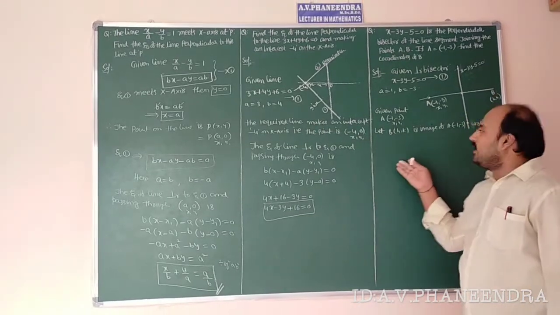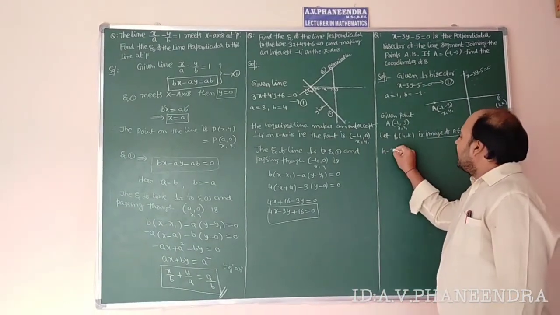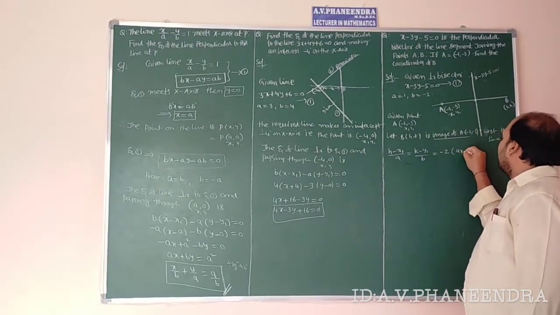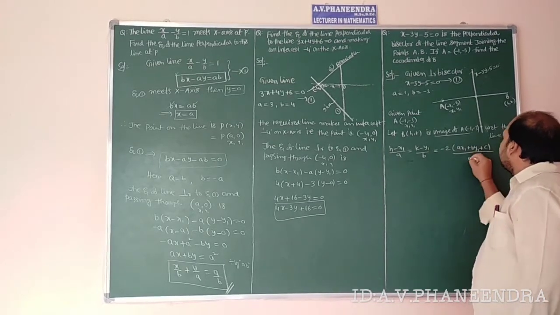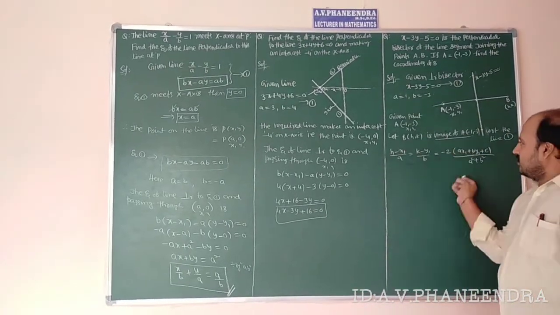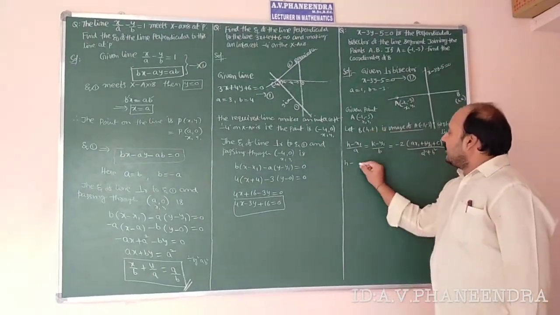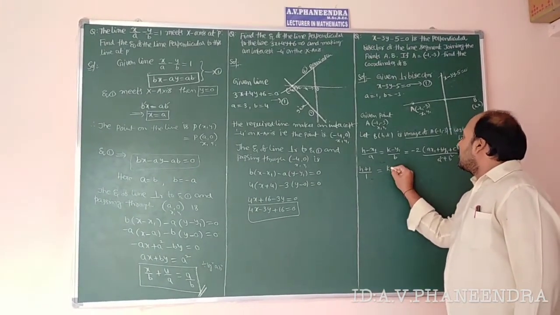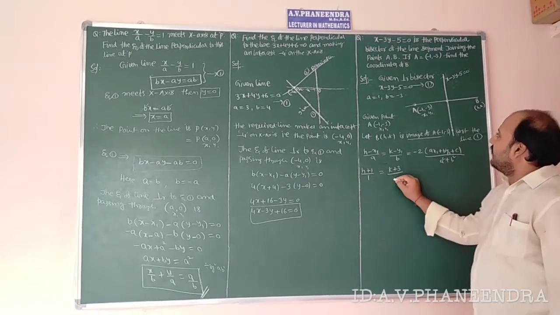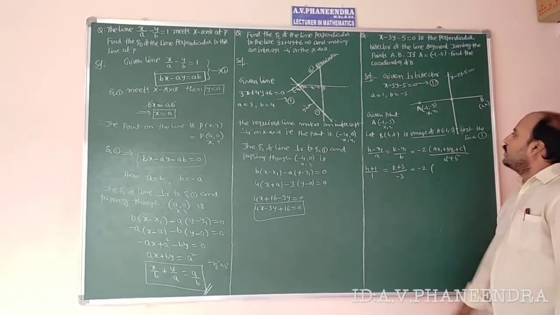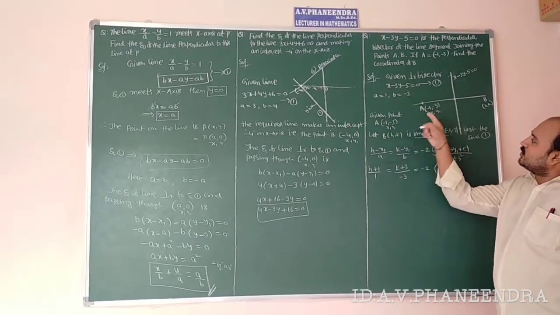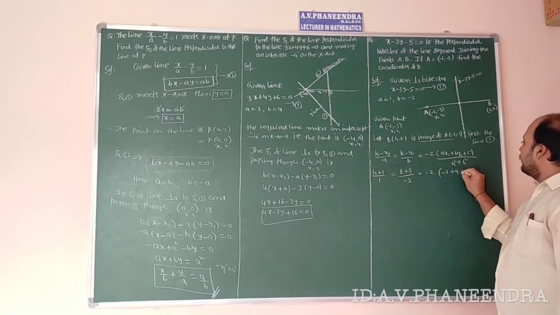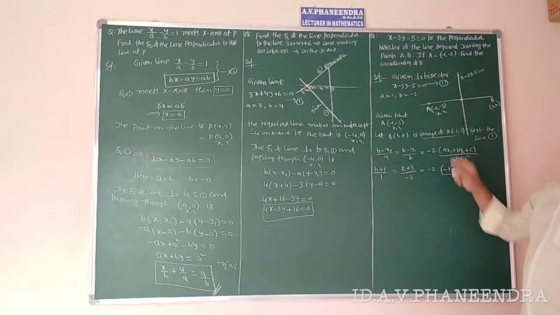So what is the image formula? We have (h - x1)/a = (k - y1)/b = -2(ax1 + by1 + c)/(a² + b²). Now substitute the respective values. h minus x1 is -1, so h + 1 divided by a value 1, equals k minus of minus 3, so k + 3, divided by b value -3, equal to -2 into, in place of x, y substitute this point (-1, -3), so -1 + 9 - 5, divided by a² + b², 9 + 1 that will become 10.